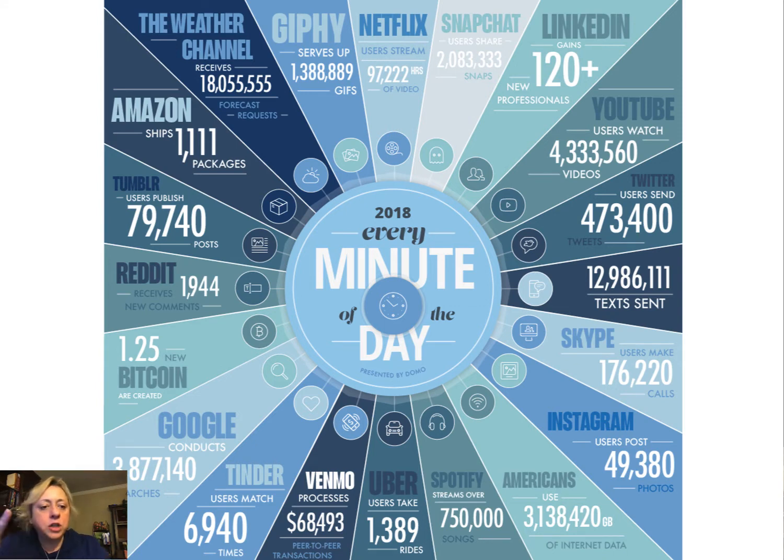What else? The Weather Channel. Okay, that's good. We still have that app for forecasting, and it is regularly used. When we're talking about every minute of the day, we have about 18 million requests for forecasting the weather from the Weather Channel. Amazon: how many packages are shipped per minute of the day?